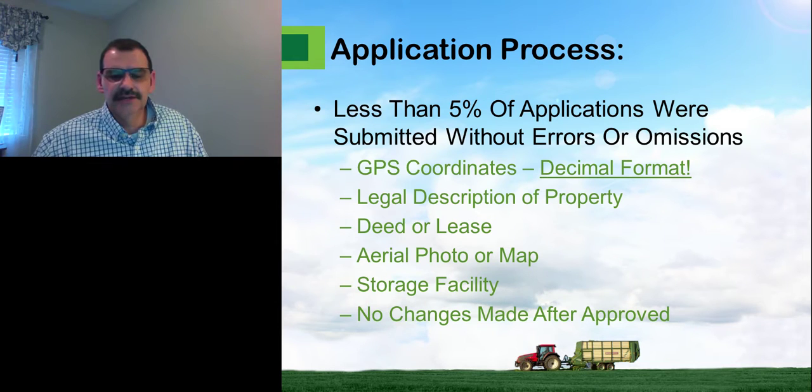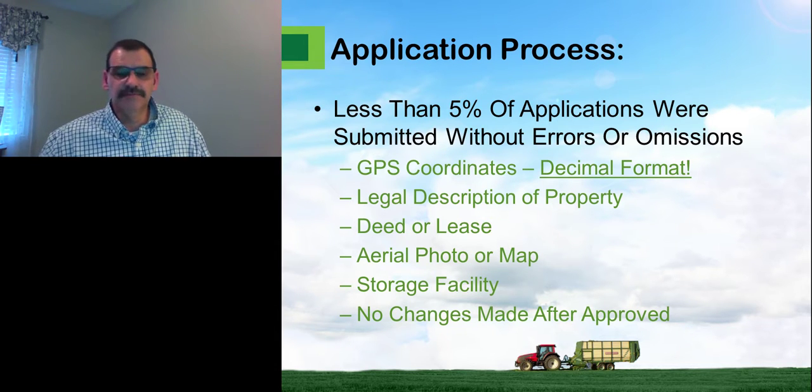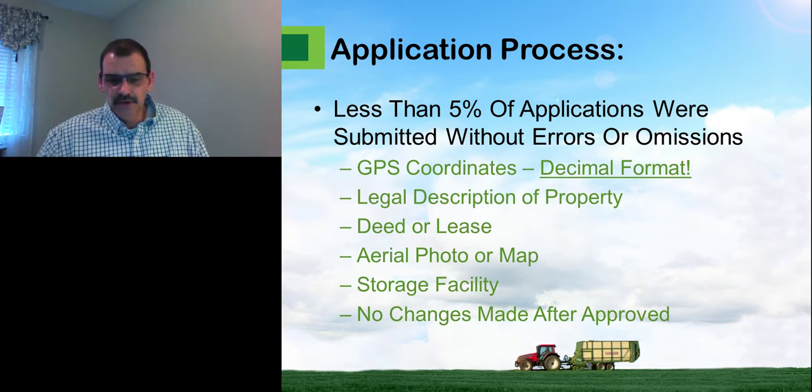You actually need to download an app or go to a website to do that. We verify each GPS coordinate with Google Maps or Google Earth and compare that with the picture or the map that you have provided with your application. So not only were a lot of coordinates in the wrong format, but a lot of them were actually for the wrong location entirely.